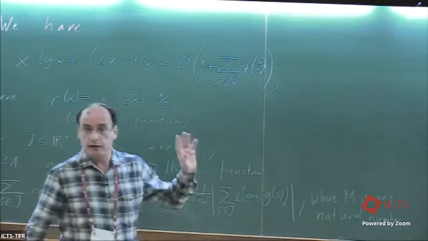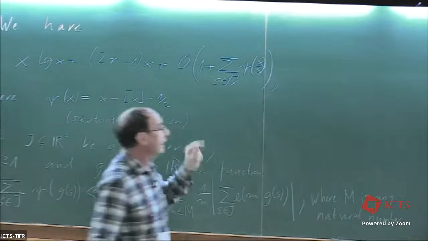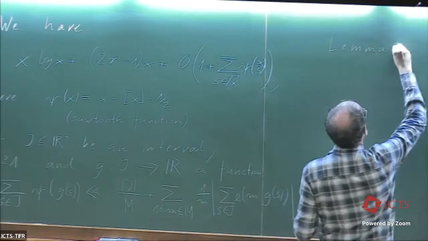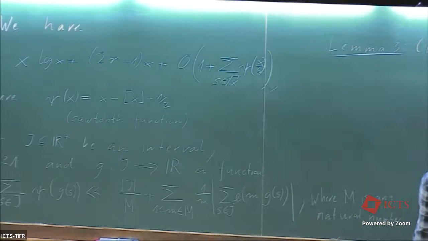And the third result is the van der Corput bound, the first exponential sum estimate.